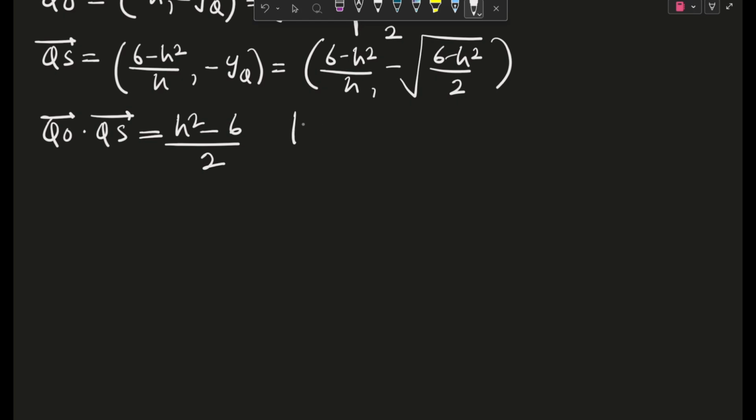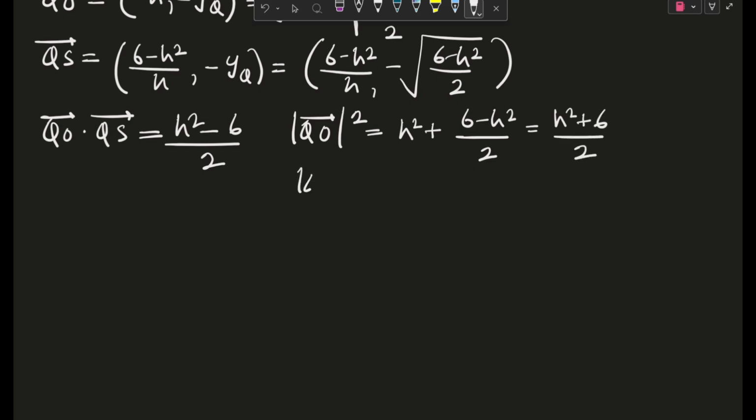So we have to also find out your mod QO. If we find out mod QO square, this will come out to be H square plus 6 minus H square by 2. So this is coming out to be H square plus 6 by 2. So your mod QO vector is equal to root under of H square plus 6 by 2.